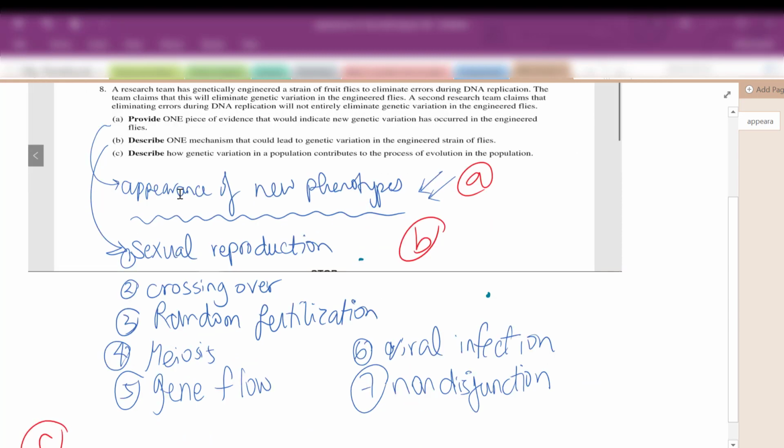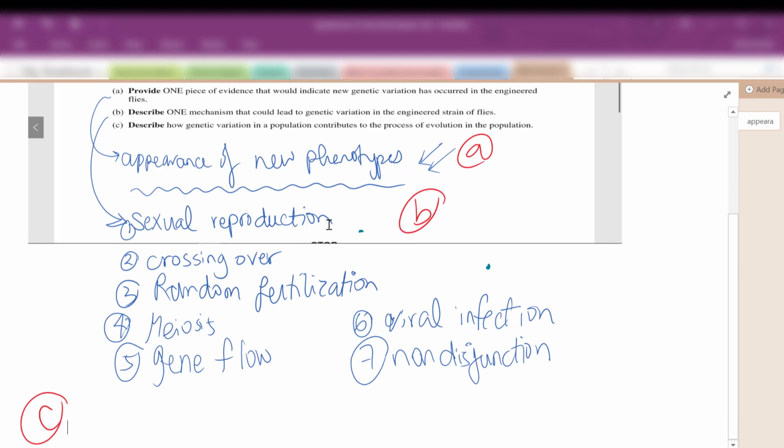Part C asks you to describe how genetic variation in a population contributes to the process of evolution in the population. Here, you should just talk about how without genetic variation, there's going to be no phenotypic variation, which means that there's going to be no natural selection.